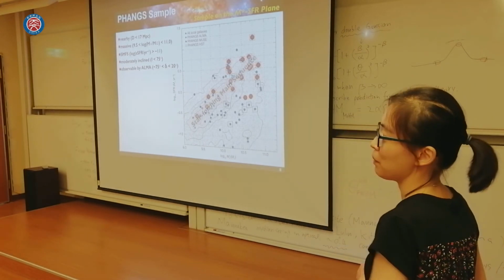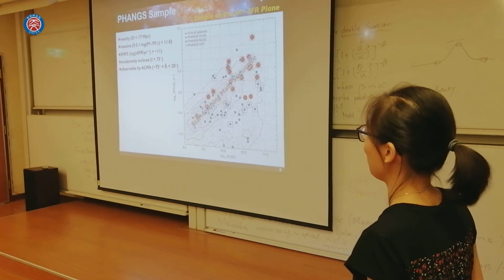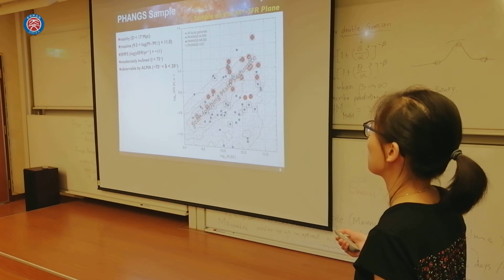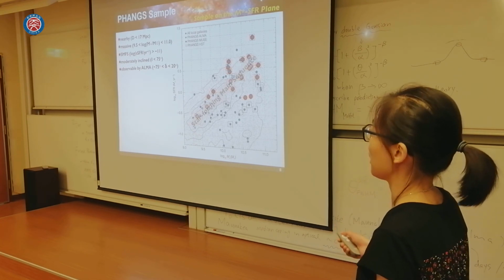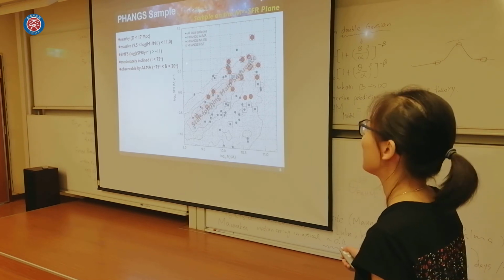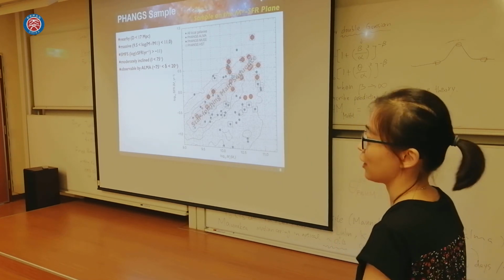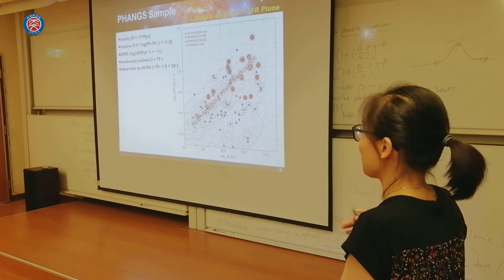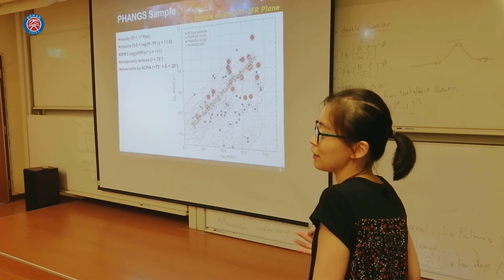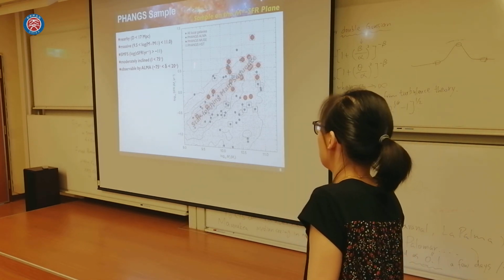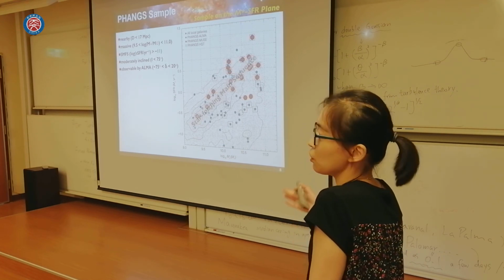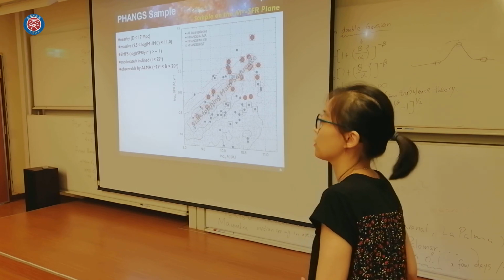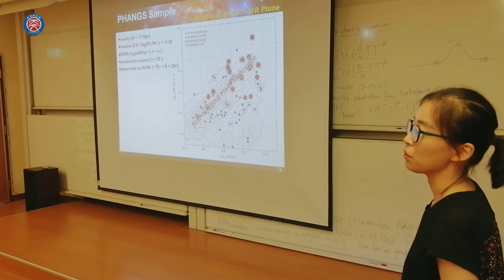In the survey paper, you may see some galaxies which have a distance like 20 megaparsec or even further, and that is because we are still recalculating the distance and these two quantities. So this is just the initial criteria we put in the proposals.